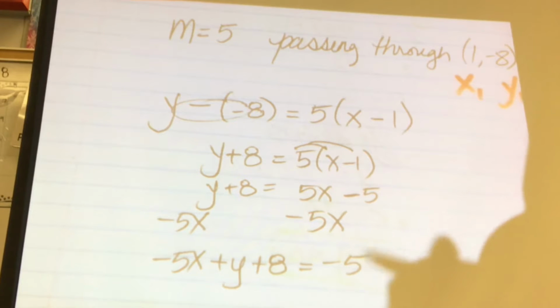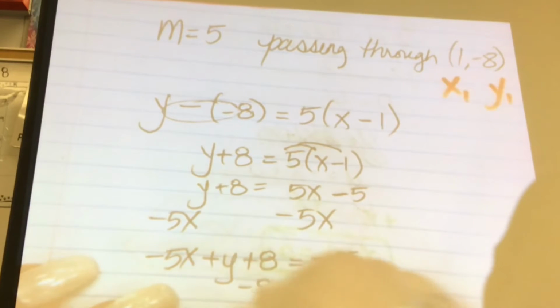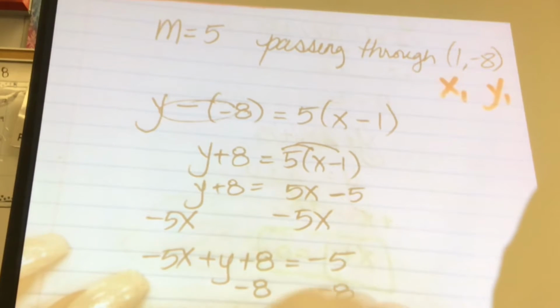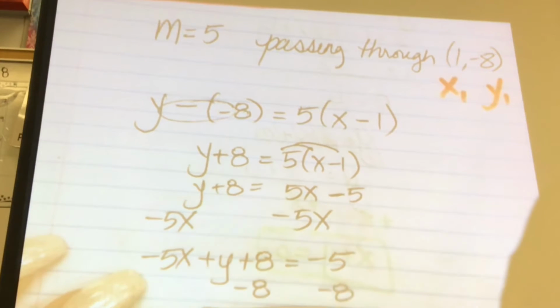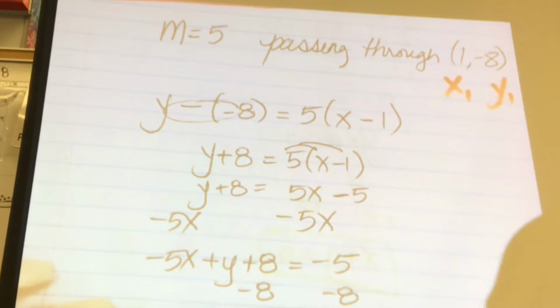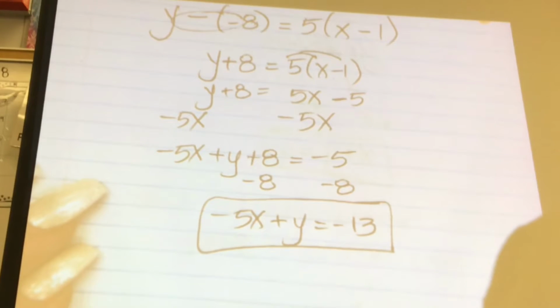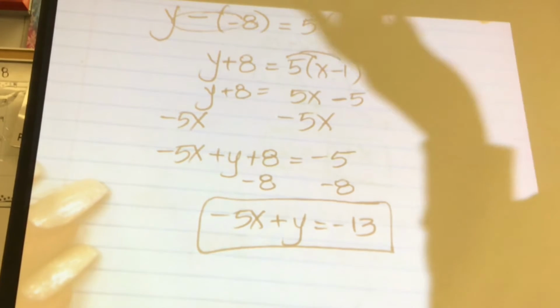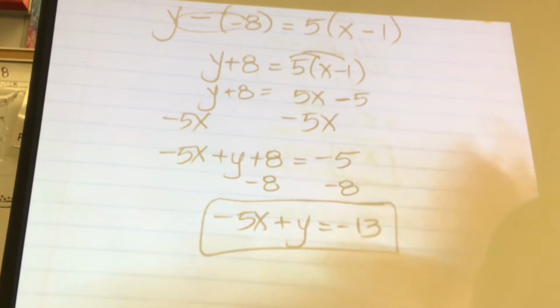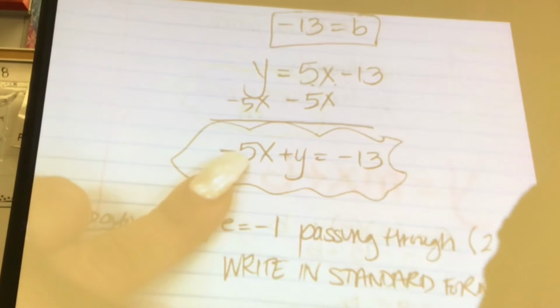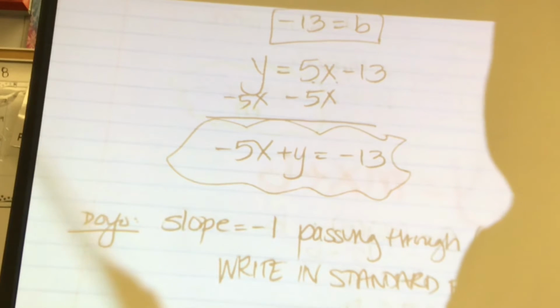Subtract 8 on both sides. Minus 8. I get negative 5x plus y equals negative 13. Yeah, baby. Question. What was our answer from example 2? Oh my God, it was the same thing. No way.